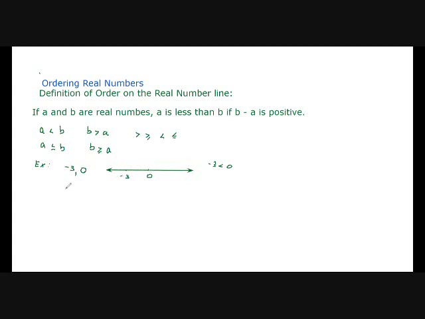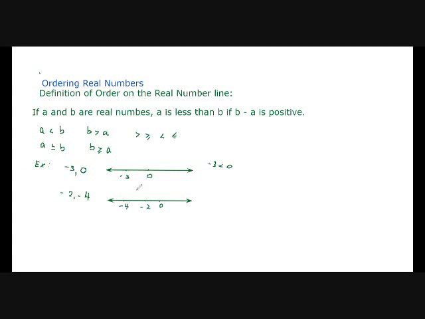See more examples. If I give you -2 and -4, assume 0 is right here, so -2 should be here and -4 should be here.